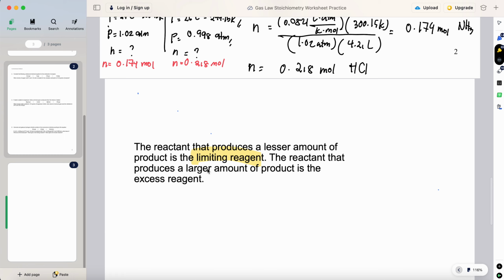The reactant that produces a larger amount of product is the excess reagent.